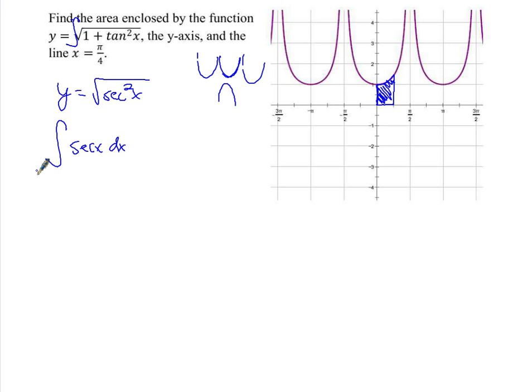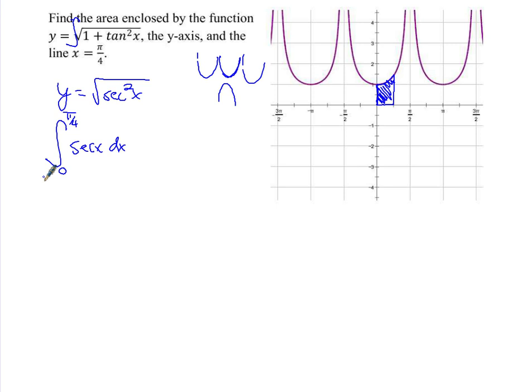What else do I have to do? We have to take into account the other bounds. What are my bounds? 0 to pi over 4. Okay. Now we integrate it? Good. So what is the integral of secant x? We did this.